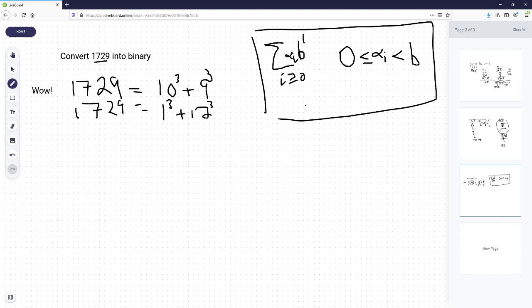Okay, how do we convert this into binary? So the first thing we do is we ask, is it odd or even? So 1729 is odd. So we're going to start with a 1. And I'm going to put it all the way over here so that I don't run out of space as I move this way. So 1729 divided by 2 is 864.